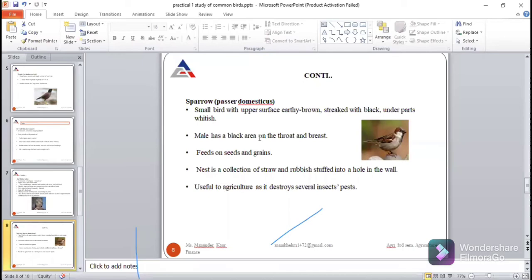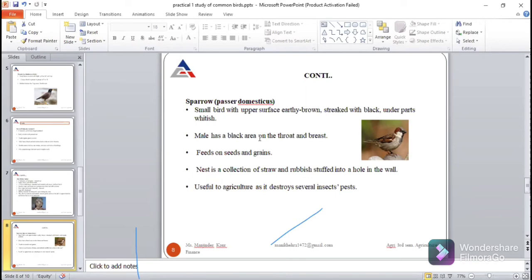And there is a difference in the male and female appearance. The male has a black area on the throat and breast, whereas the female has a whitish area on the throat and breast. So this is the difference between the male sparrow and the female sparrow.